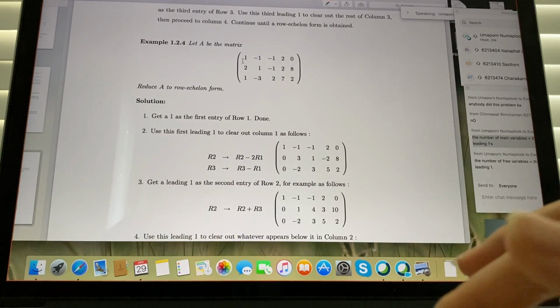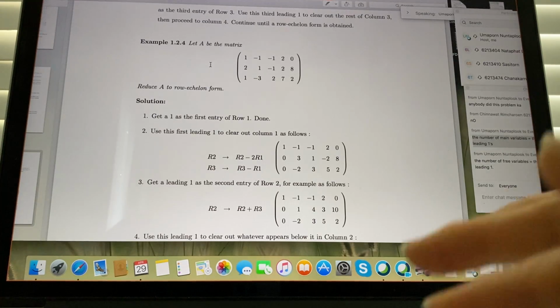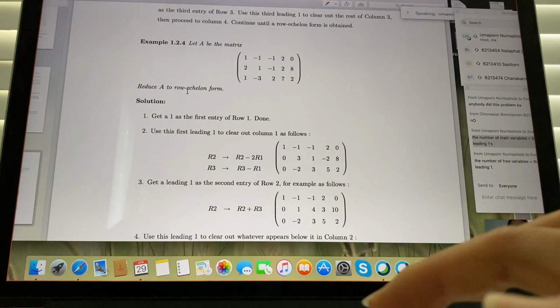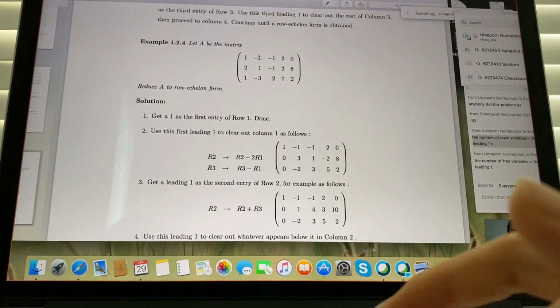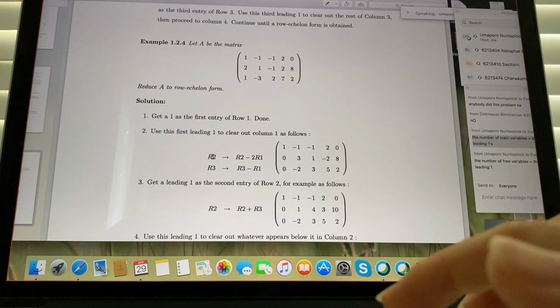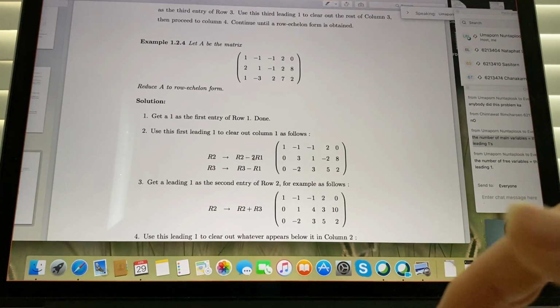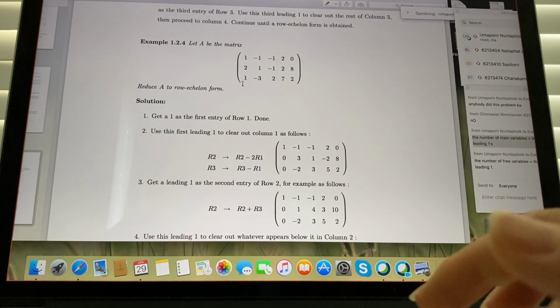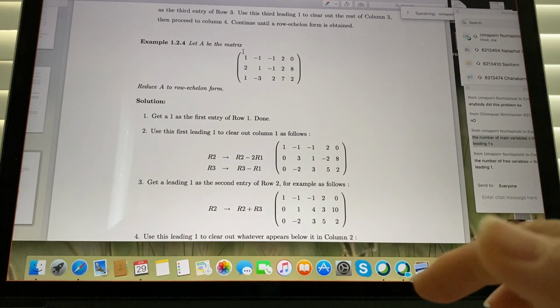Let's see this example, one more example about row echelon form. Reduce A to row echelon form. Okay, we have a leading one here, so the number below it is supposed to be 0. So what I do to R2 is use R2 minus 2R1, and in R3 we take R3 minus R1.